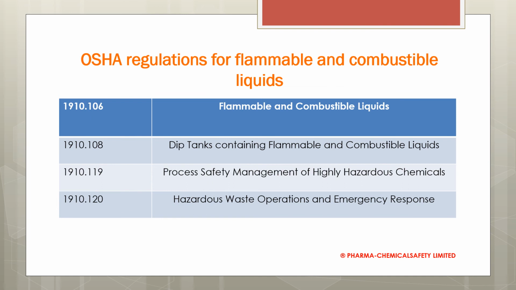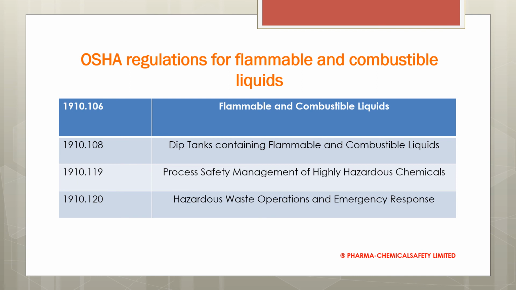OSHA regulations for flammable and combustible liquids. Well, you have these regulations, with different information. You have 1910.106, which covers flammable and combustible liquids, including dip tanks and operations of dip tanks. Then you have 1910.119, Process Safety Management of Highly Hazardous Chemicals, because now you need to review it.